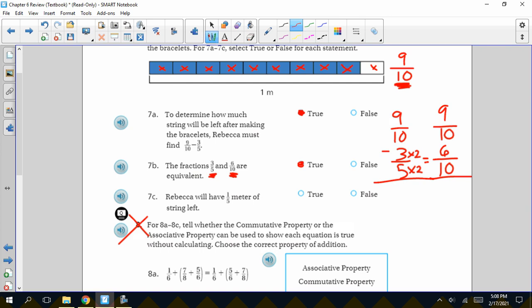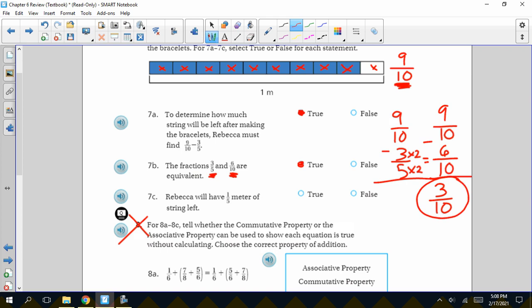The last part here says Rebecca will have 1/5 meter of string left. Well, what we need to do then is finish the problem here, 9/10 minus 6/10 to determine how much she will have left. 9 minus 6 is 3 over 10. 3/10 does not simplify anymore, so the answer is 3/10.